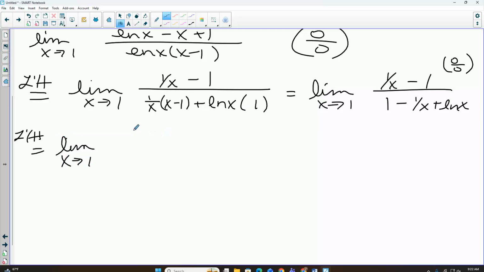Derivative of 1 over x, that's like x to the negative 1. So the derivative would be negative x to the negative 2. Okay, down here, derivative of this would be a positive x to the negative 2 plus 1 over x.